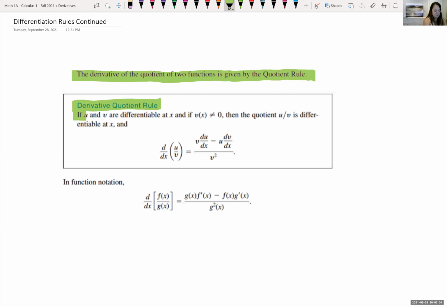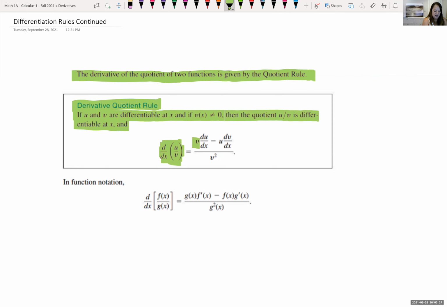So this tells me if u and v are both differentiable at x, and if our function v of x doesn't equal 0, then the quotient u divided by v is differentiable at x, and if we took the derivative of this quotient, d dx of u over v, this is what it's telling me.